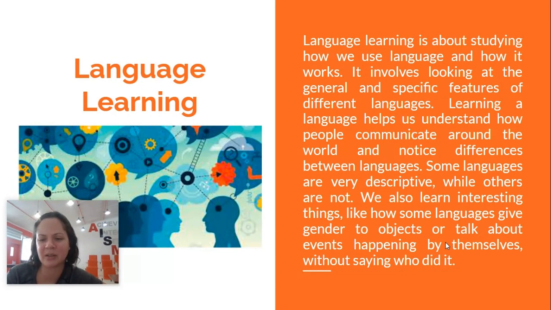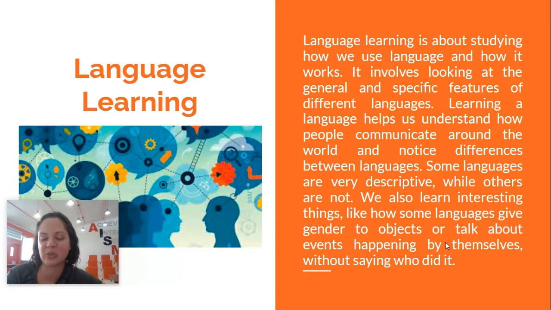And this was something funny when I was watching different videos, because I noticed that Italian and Spanish give a specific gender to the objects when they talk about them.